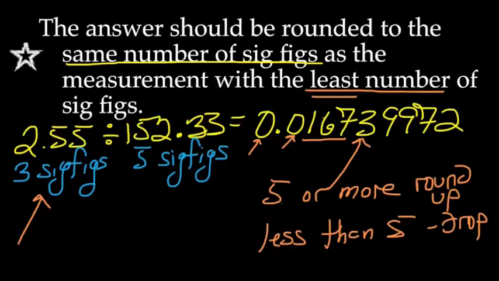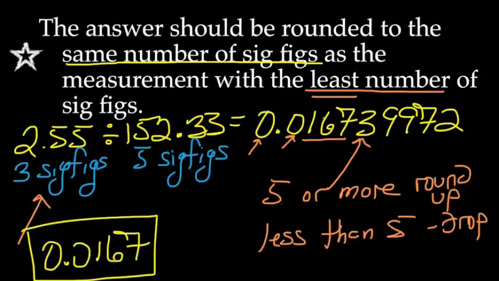In this case, we're looking at a 3. The 3 is less than 5, so our final answer in appropriate significant figures would be 0.0167. So we have 3 sig figs, plus those zeros at the beginning, which are not sig figs, they're placeholders.